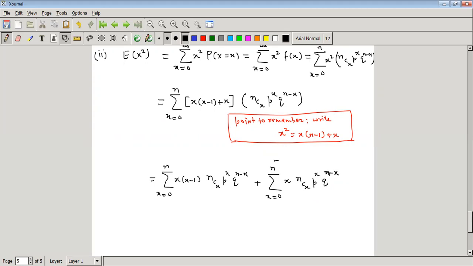And this term we have already calculated. This is nothing but the mean, and this is equal to n into p. So we have to calculate only the first term.